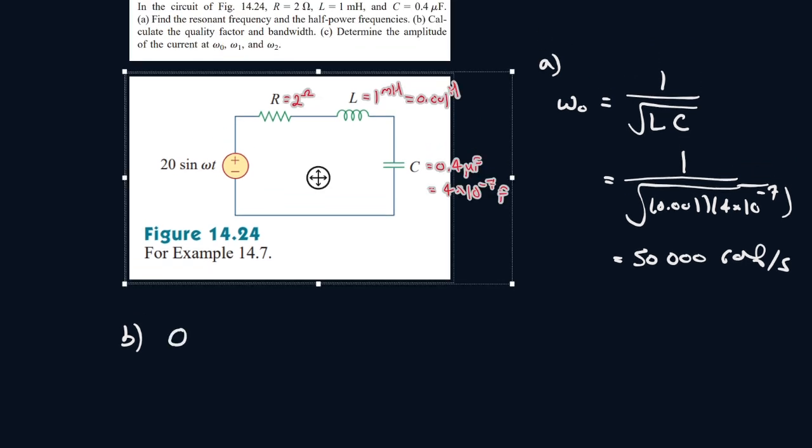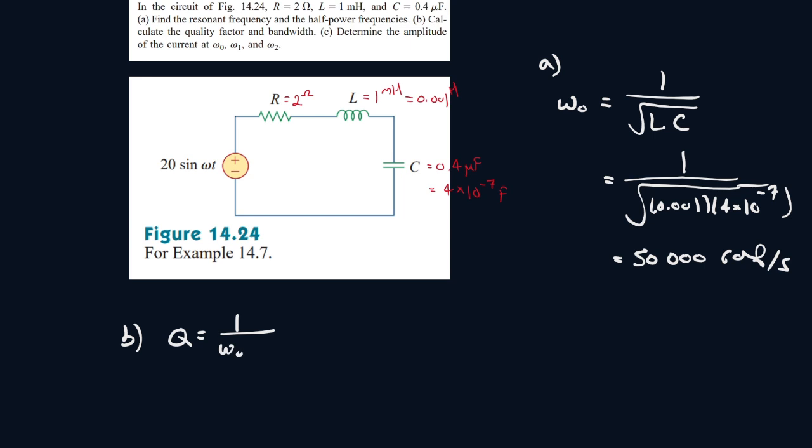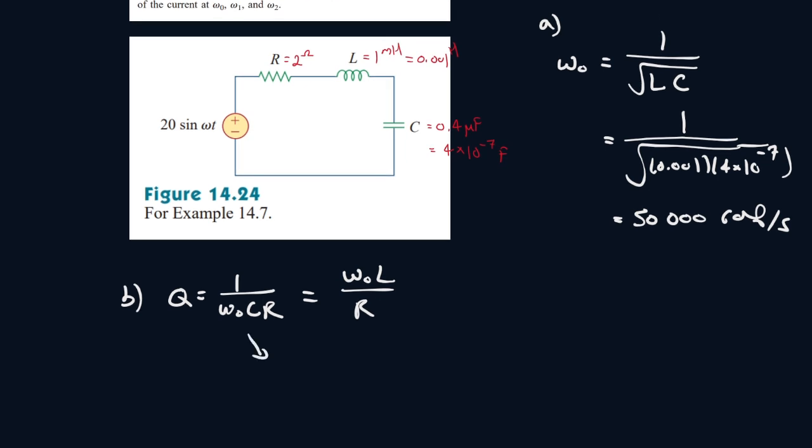So quality factor, since this is a series circuit, there's two formulas you can use. You can use 1 over omega naught times the capacitance times the resistance, or you can use omega naught times the inductance all over the resistance. Both of these formulas should give you the same answer. So let's just go with this one.